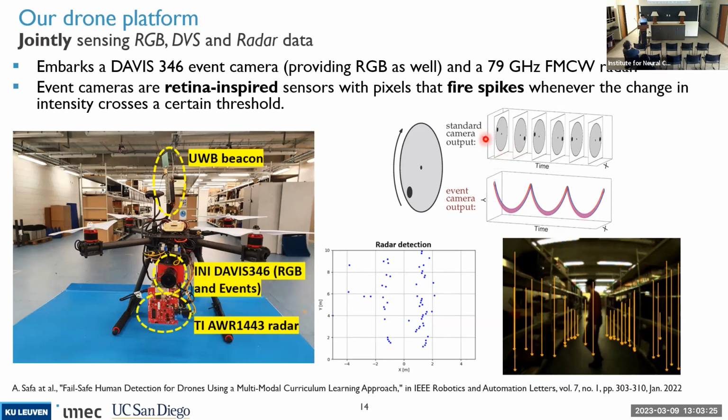So a little recap, I'm sure most of you know it, but the way an event-based camera works is different than the way frames in a normal RGB camera work. So, for example, if you have a rotating disk with black dots, a normal camera will just take snapshots of the scene of that rotating disk. Whereas the event camera will only show you the changes in intensity.